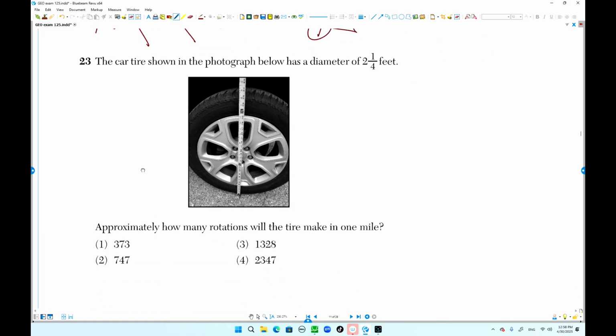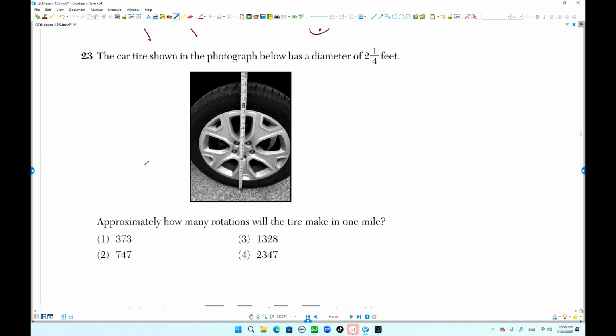The car tire diameter is 21 approximately. How many rotations will the tire make in 1 mile? We're going to travel 1 mile. We have two different units here, right? And also we have to use a converting ratio, okay? What is the length of this circumference? Pi times diameter, right? So times pi.